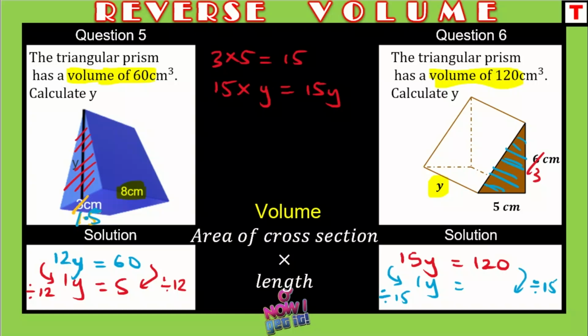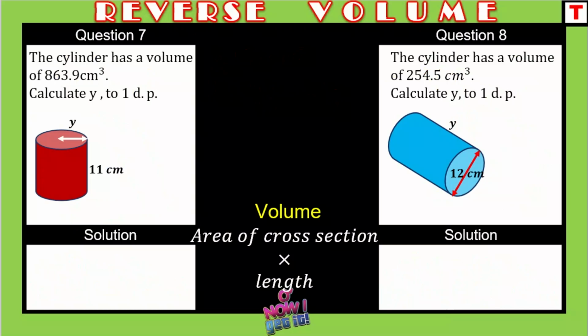So 120 divided by 15 would have given us a value of 8. So therefore y would be equal to 8. So well done if you got that question correct.